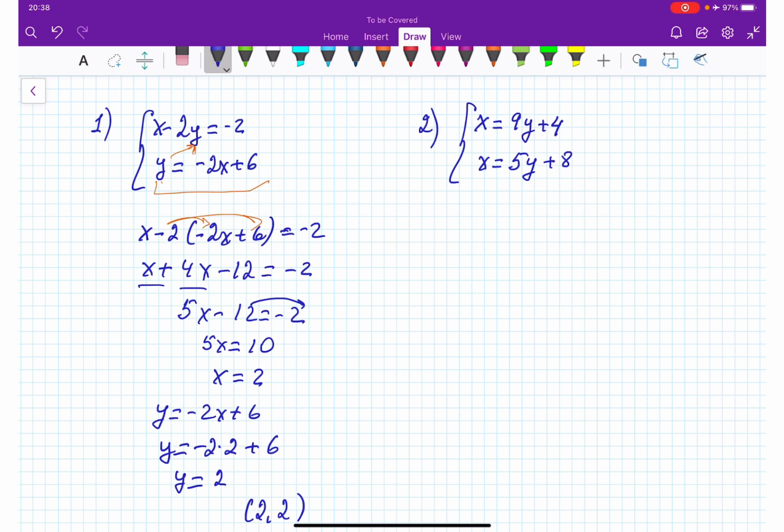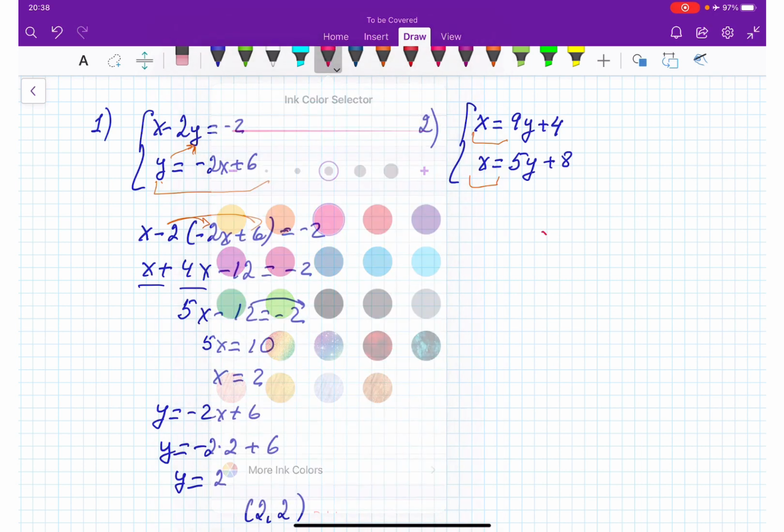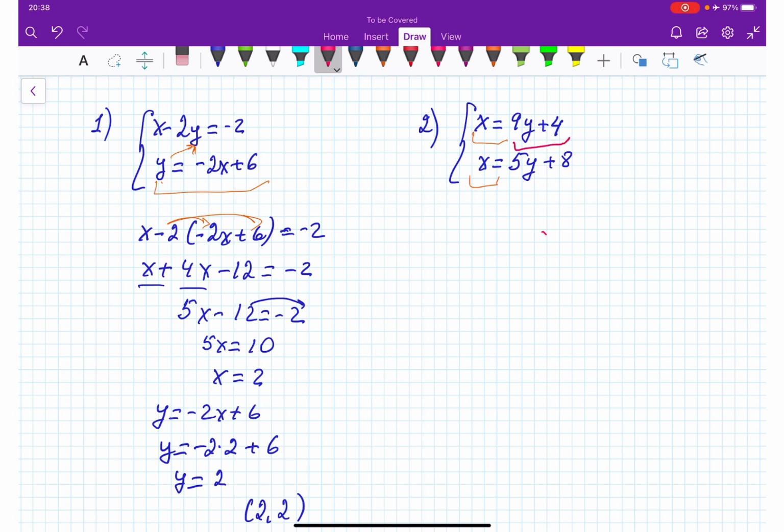What is interesting, both of them are equal to x, right here. x is equal, x is equal. Does that mean that I can say that I can put 9y plus 4 is equal to 5y plus 8, right? Okay, that's exactly what I will do. And we will have 9y plus 4 is equal to 5y plus 8.